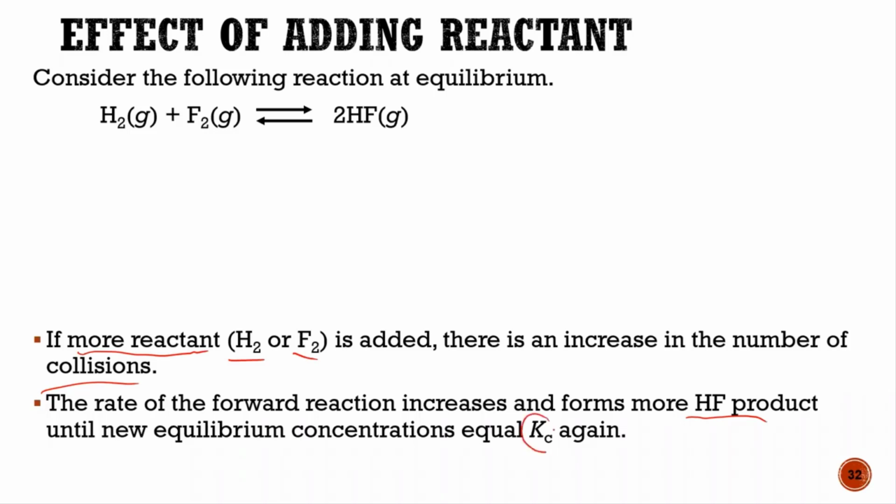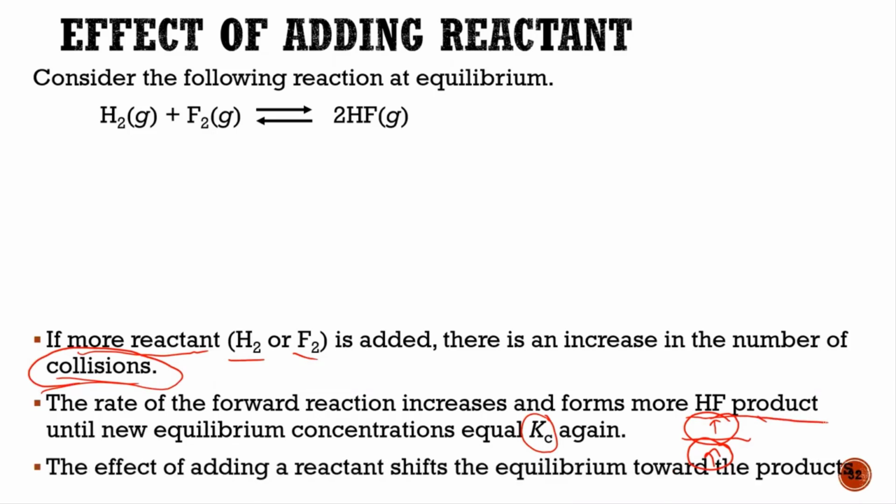At this temperature, they come up with the same constant, right? If I make the denominator bigger, there's going to have to be a shift so that the numerator, the products, is bigger. The only way to do that, with the stress of increasing reactants, is to have more collisions, and that's what happens, so that I can produce more product.